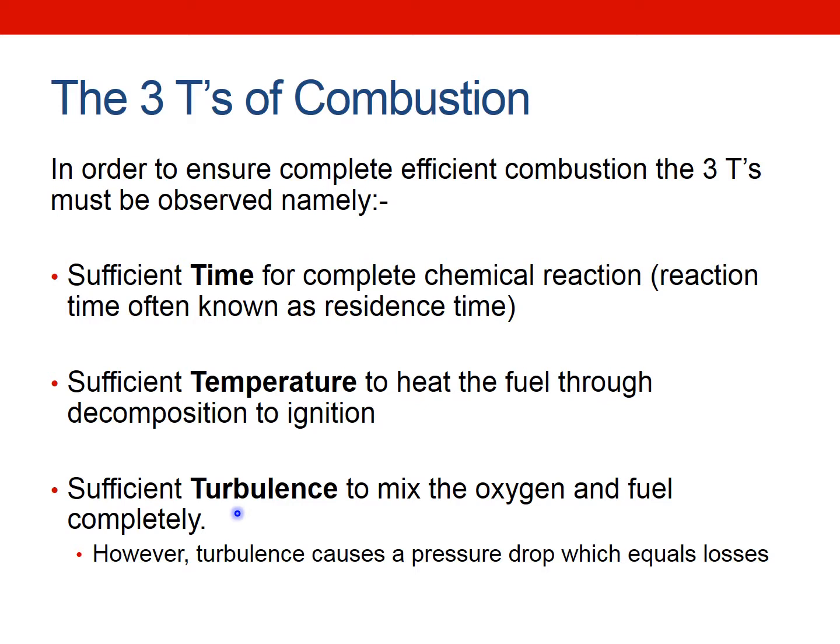You want it all nicely, homogeneously mixed to get the best combustion. However, turbulence does cause pressure drops, which equals pressure losses, which is going to give you a penalty in terms of efficiency. But it is important. So those are the 3 T's of combustion.